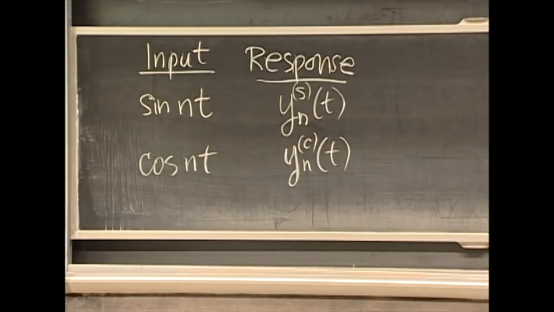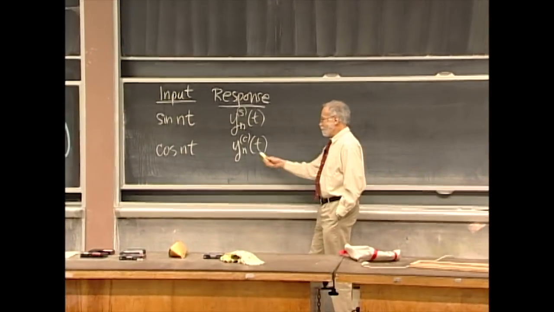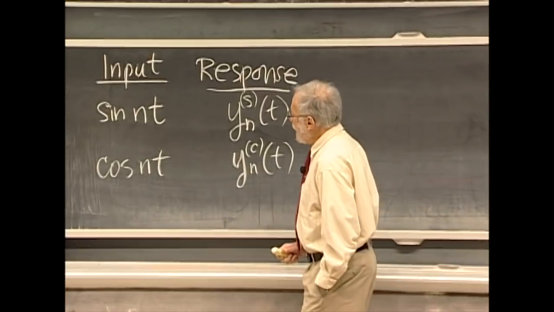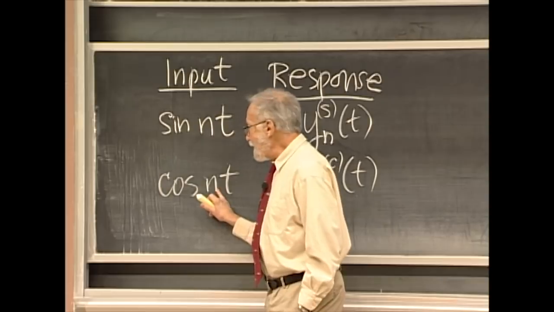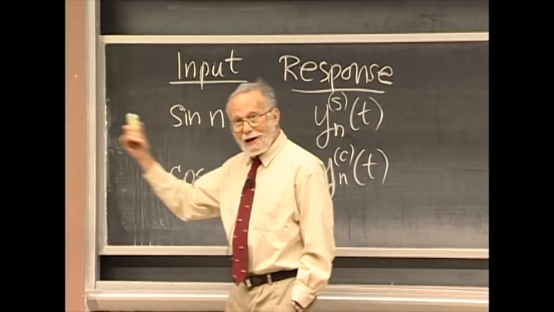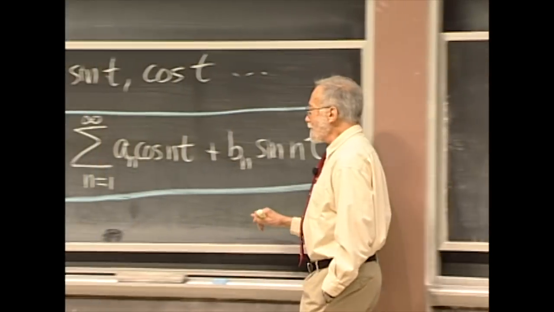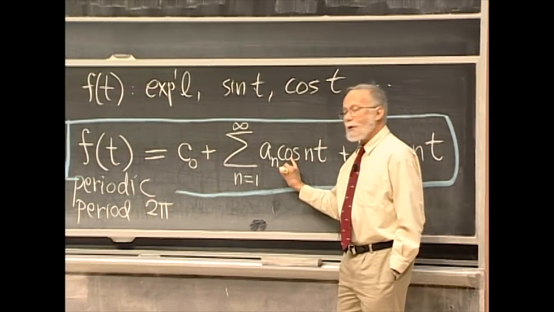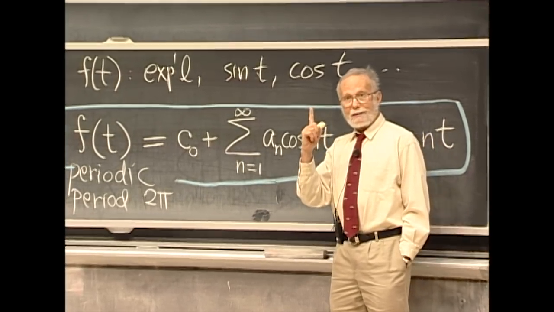If you feed in cosine nt, what you get out is this function. By the way, notice that if n is 0, that's going to take care of a constant term too. The reason there's a constant term out front is because that corresponds to cosine of 0t, which is 1.